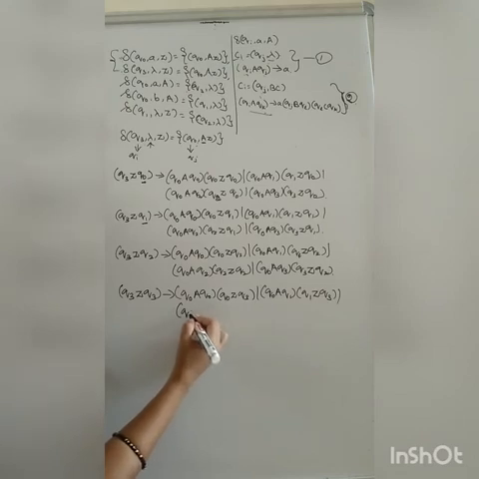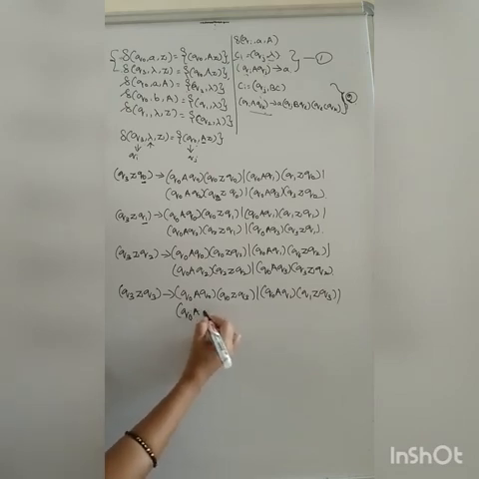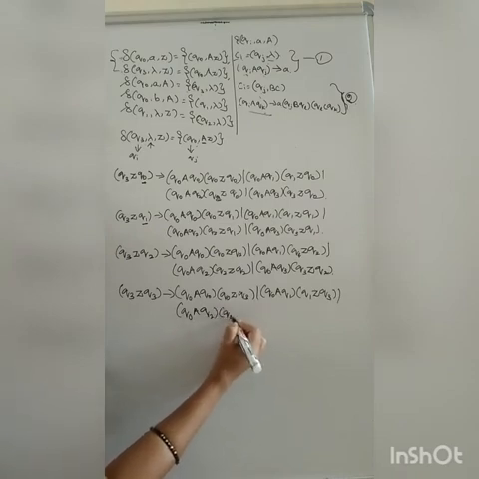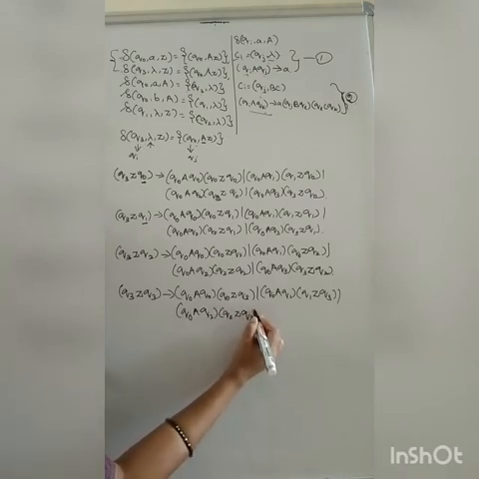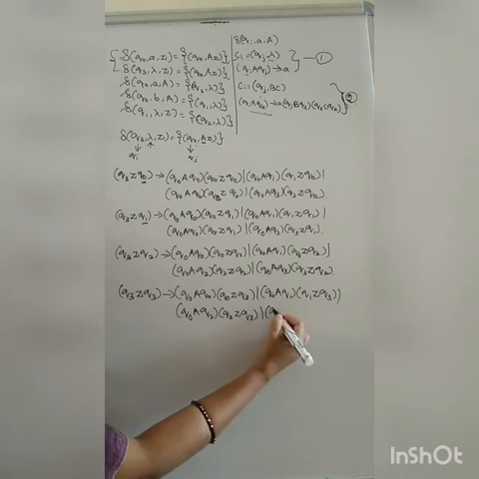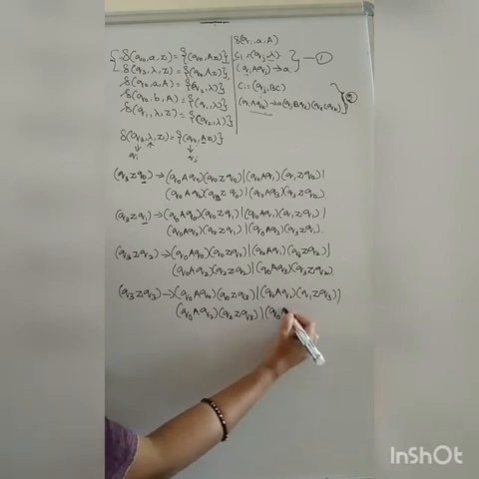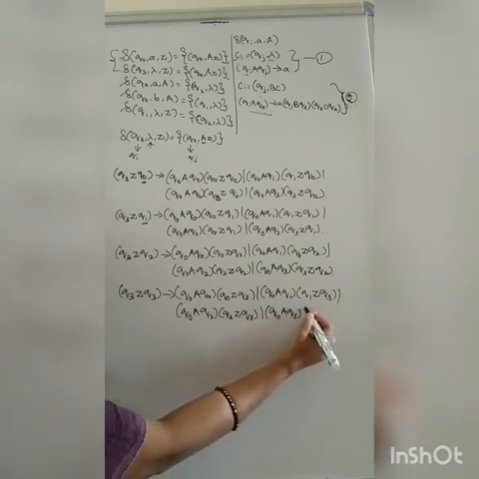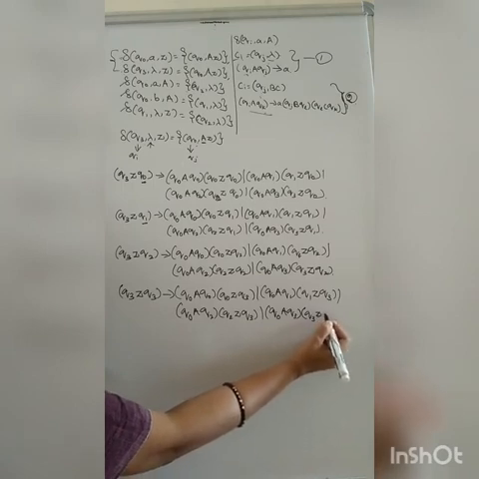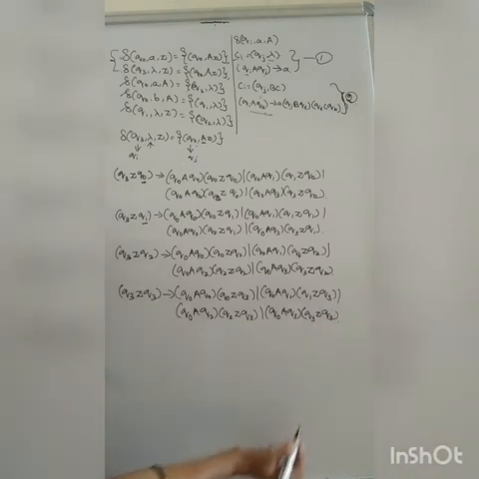And we have to write Q0 A Q2, Q2 Z Q3. Then Q0 A Q3, Q3 Z Q3. So that's all. Now we have written the possibilities for this transition also.